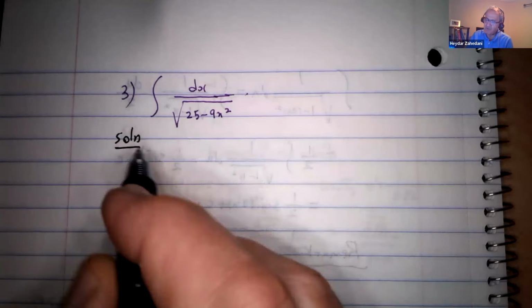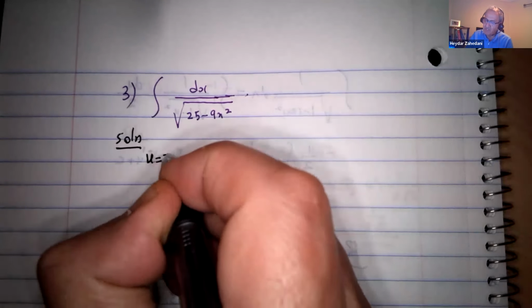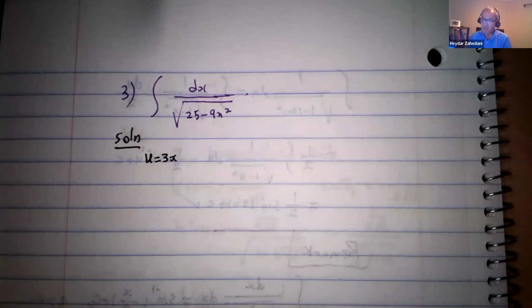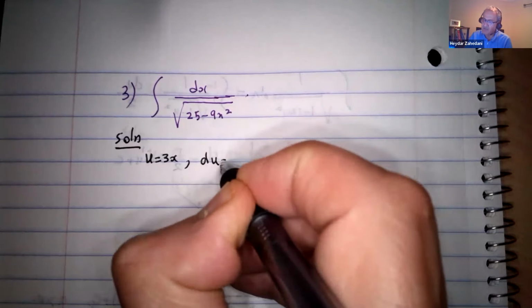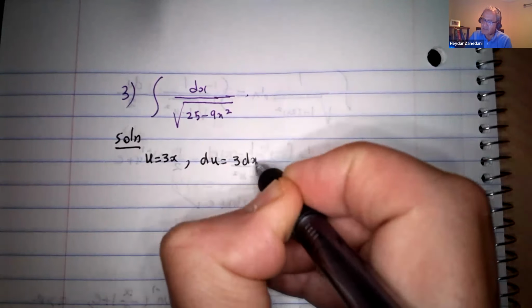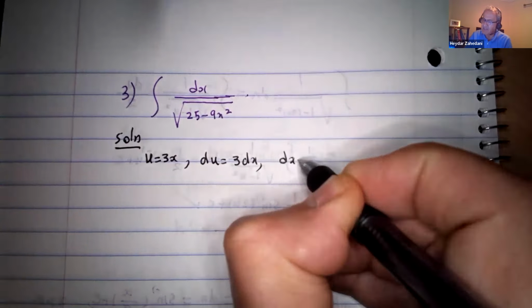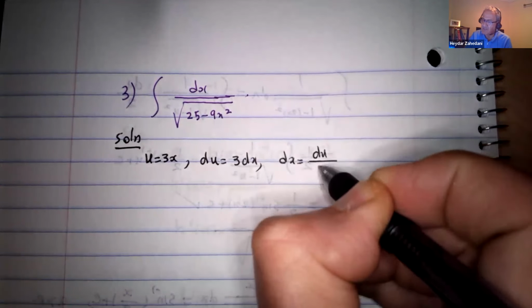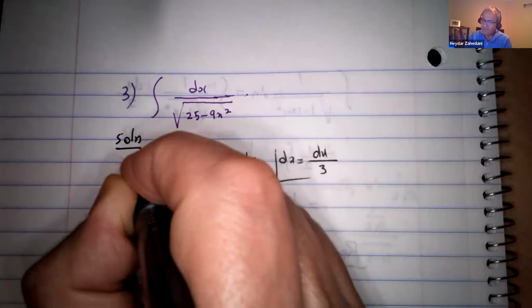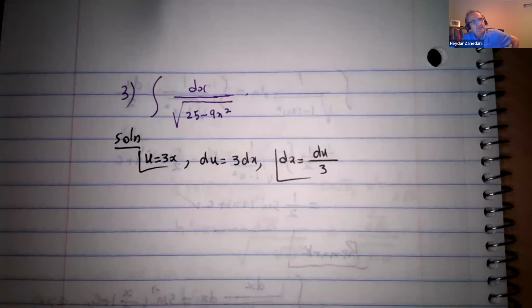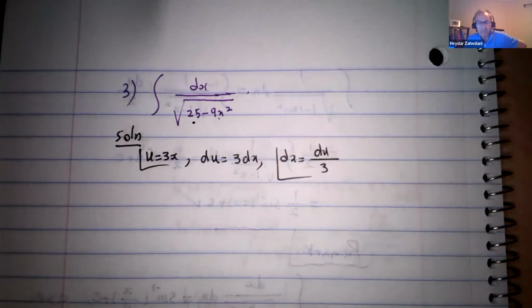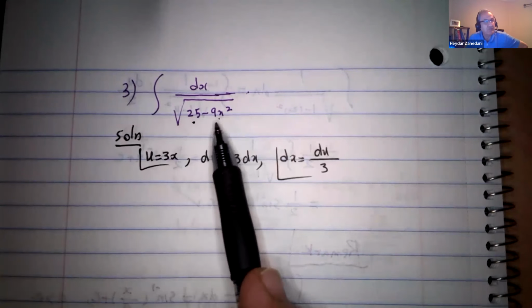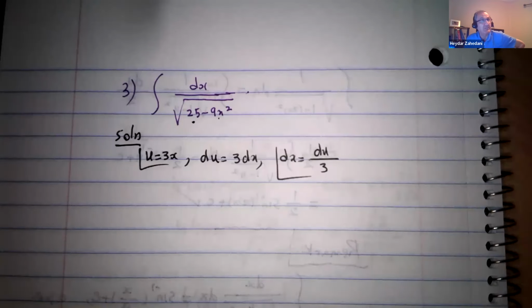You take u to be 3x, because that's the 9x squared. Du is 3dx, and dx is du over 3. So you do the substitution first to change this into 25 minus u squared. When it's 25 minus u squared, you can use that formula and then you'll be done.